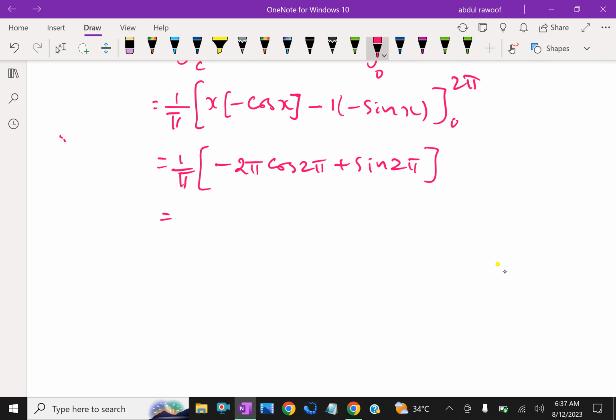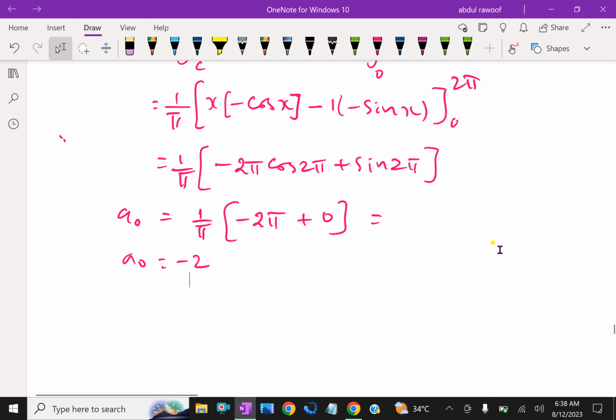Cos 2 pi equals 1, so that is minus 2 pi, 1 by pi times minus 2 pi, because cos 2 pi is 1, plus sin 2 pi is 0. That is a0 equal to minus 2. The first coefficient a0 we got.